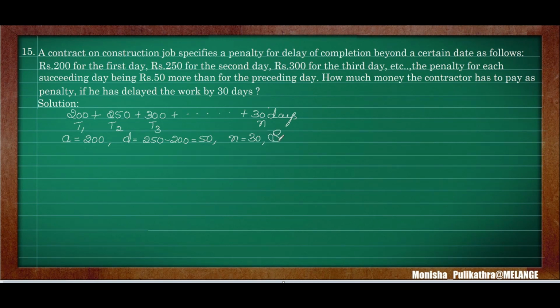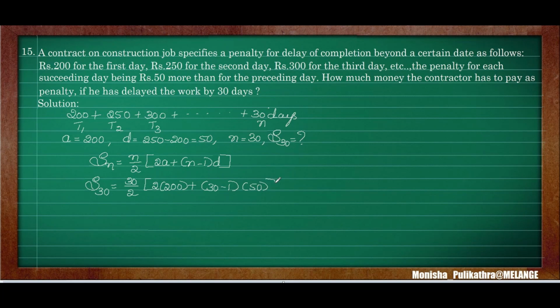We need to find the sum of penalty for 30 days, so we apply the Sn formula: Sn is equal to n by 2 into 2a plus n minus 1 into d. So S30 is equal to 30 by 2 into 2 into 200 plus 30 minus 1 into 50.